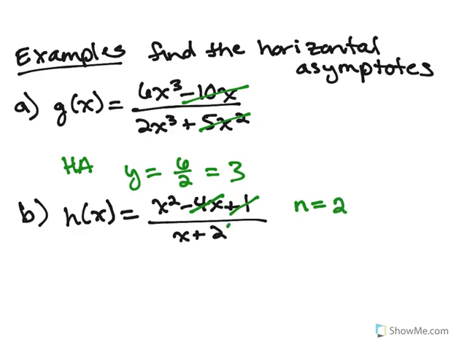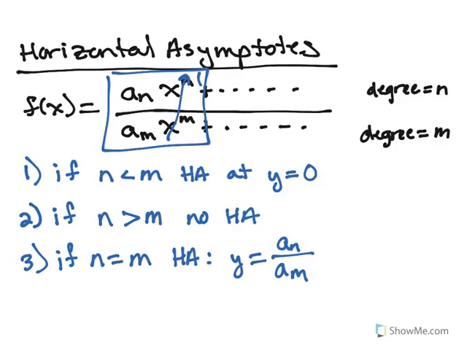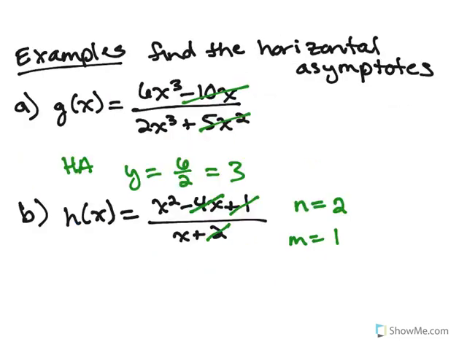The degree of my denominator is going to be 1. So the degree of the numerator is greater than the denominator. Go back to our rules here. That's case number 2. We have no horizontal asymptote.